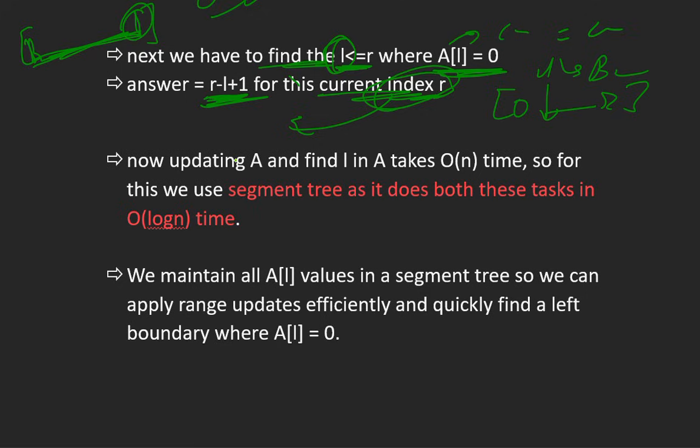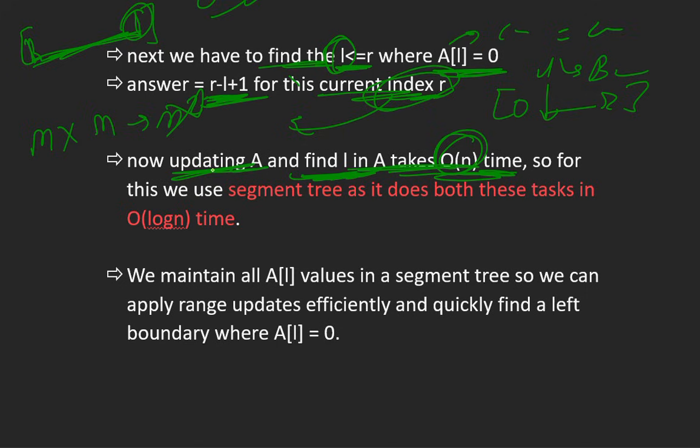But if you have noticed, updating a and finding L takes big O of n time. With n elements, and every element taking big O of n time, it is n square, which is not feasible. So we have to optimize this updating and finding of the index L where a of L is equal to 0.